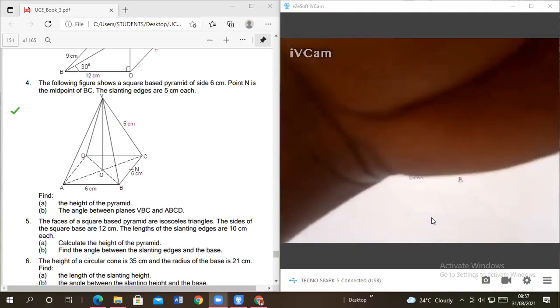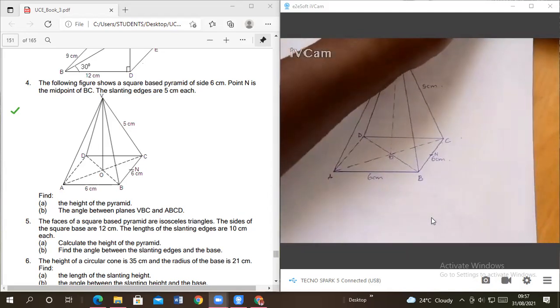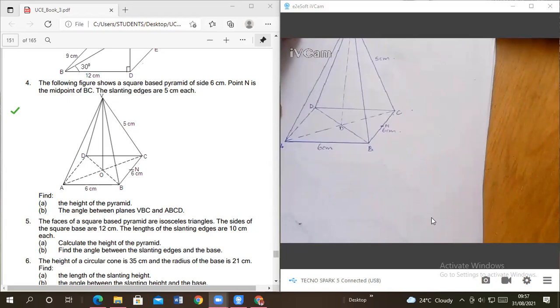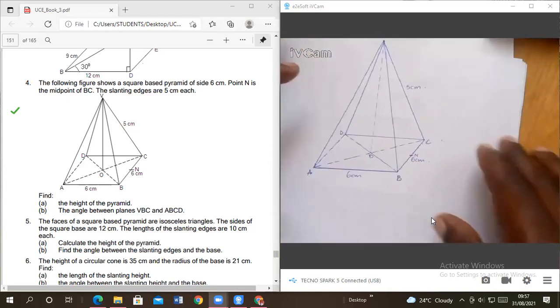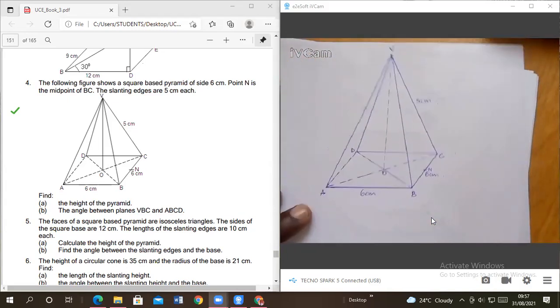I want us to get a very clear image. Okay, so we have that.